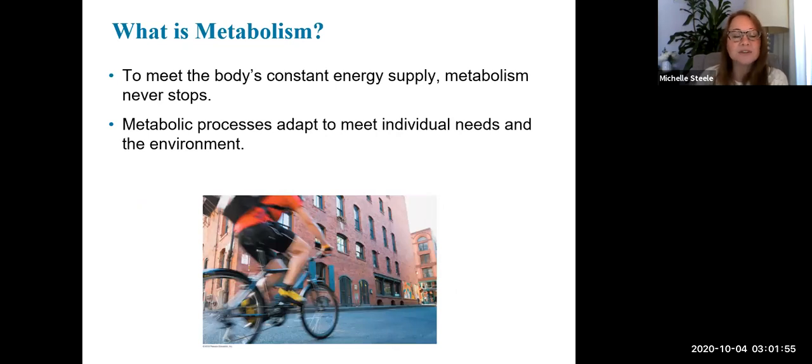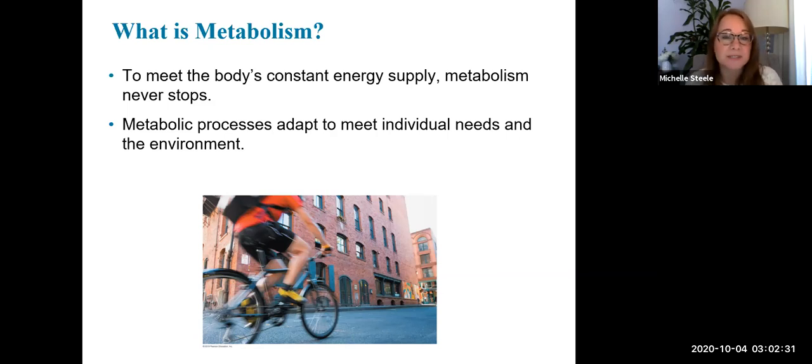Now, when it comes to metabolism, our bodies are comprised of all of these trillions of different cells, and each cell has an individual job to carry out. So even though each of these cells is going to perform different metabolic functions, these functions or metabolic reactions are going to require a certain amount of energy in order to carry them out. And as you can imagine, metabolism is necessary to meet the body's constant need for energy supply.